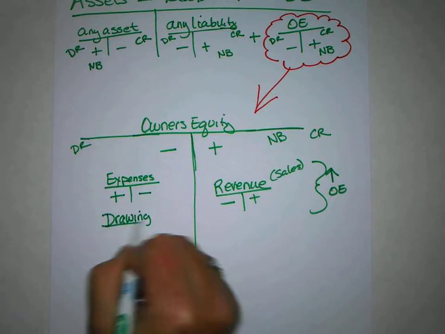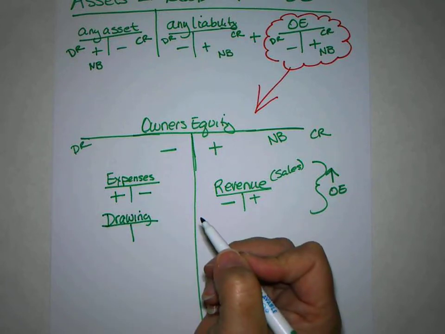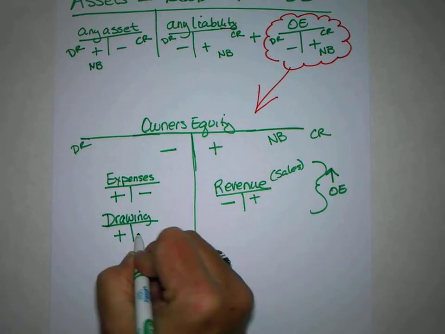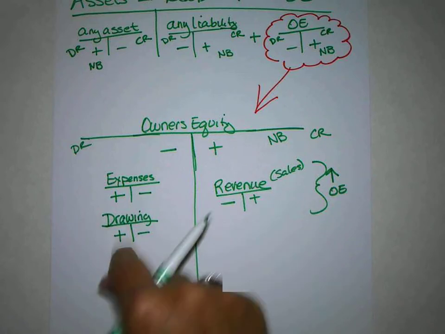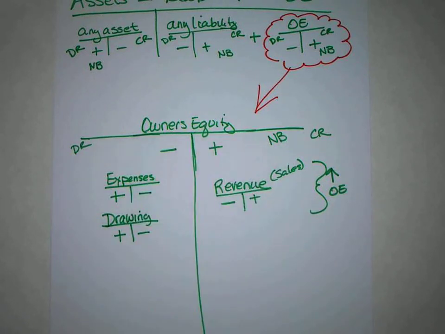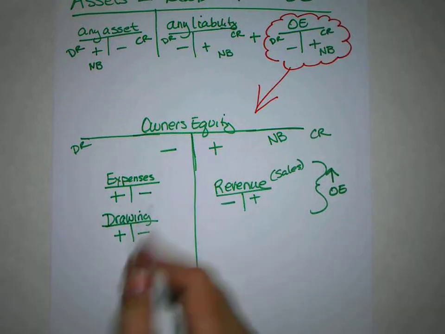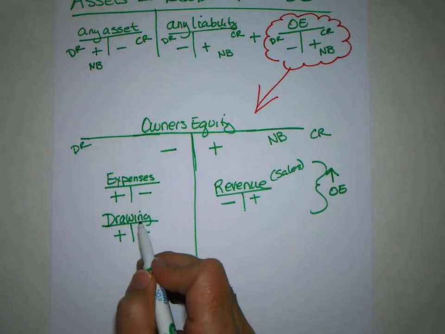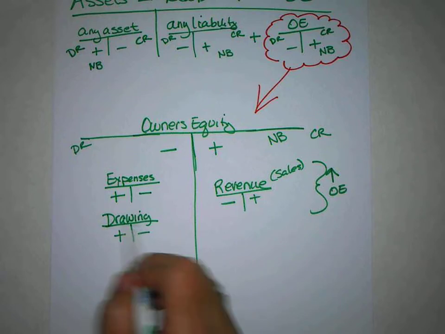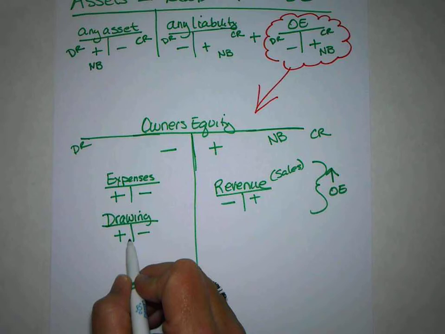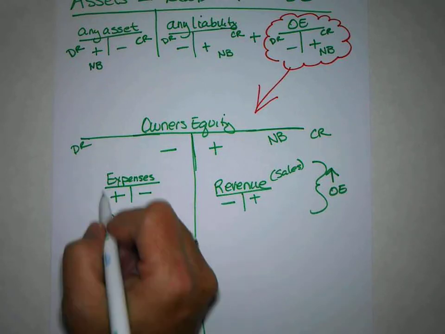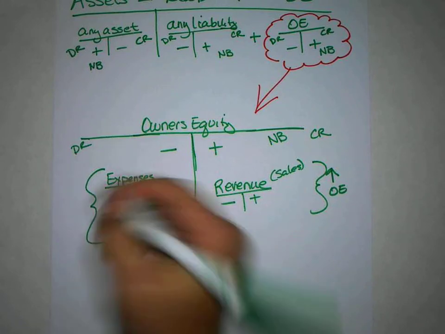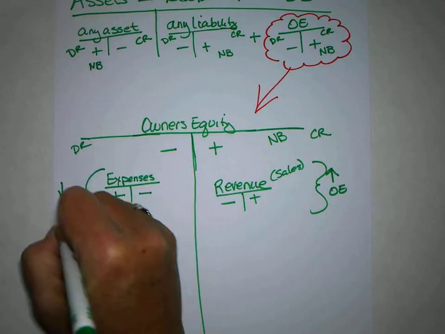Drawing is when the owner takes cash out of the business. So that means that we're decreasing that capital, that owner's equity, because he's pulling it out. And we always want to keep track of what he's put in and what he's taken out. So drawing is the account we use, and we usually have their name beside it too, to show how much the owner has taken out. So these reduce owner's equity.